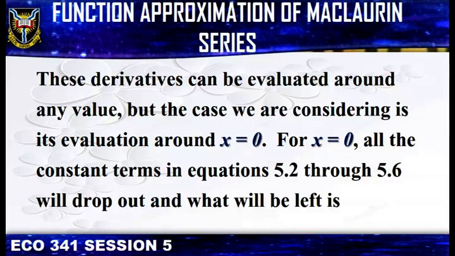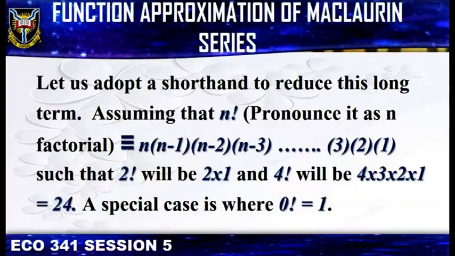the equations below. Let us adopt a shorthand to reduce this long term, assuming that n factorial is equivalent to n into bracket n minus 1, n minus 2, n minus 3, down to 3, 2, 1, such that 2 factorial will be 2 times 1, and 4 factorial will be 4 times 3 times 2 times 1 is equal to 24.